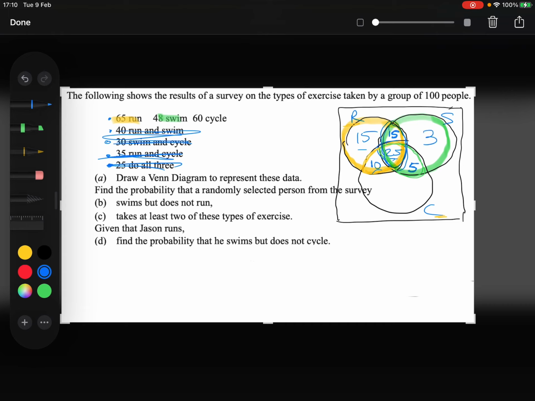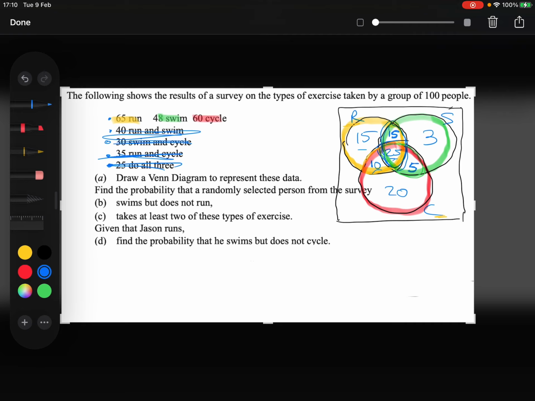So 3 people swim only. And then finally, on to the final category, the 60 people who cycle. So everybody here should add up to 60. So if I do 60, take away 25, take away 5, take away 10, I get 20. So that means that 20 people only cycle and do nothing else.